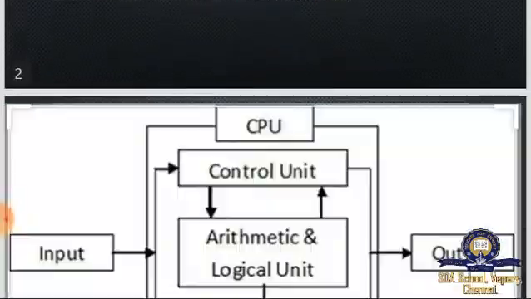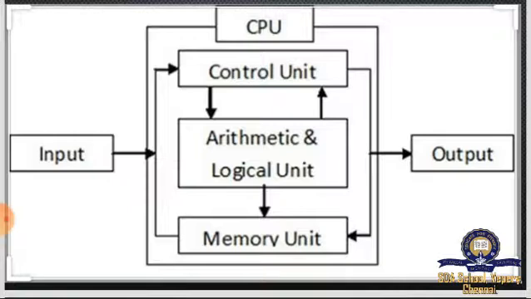Let's go deeply. This is the block diagram of the computer. A computer mainly consists of input devices, output devices, and mainly CPU. CPU has several functions, that is control unit, arithmetic logic unit and memory unit.